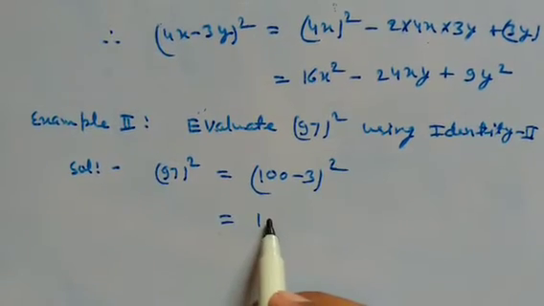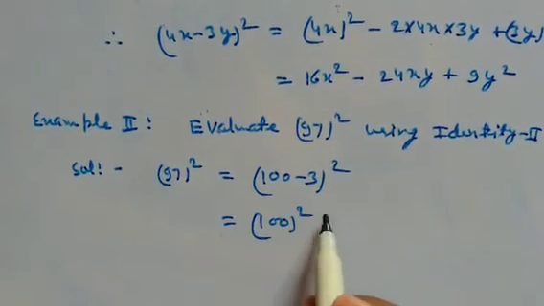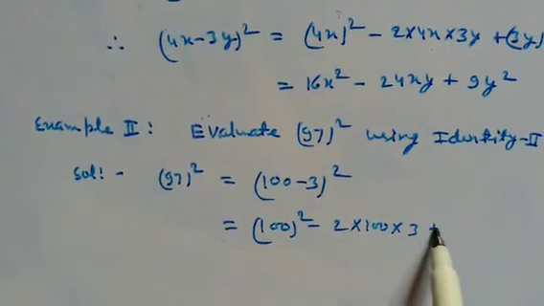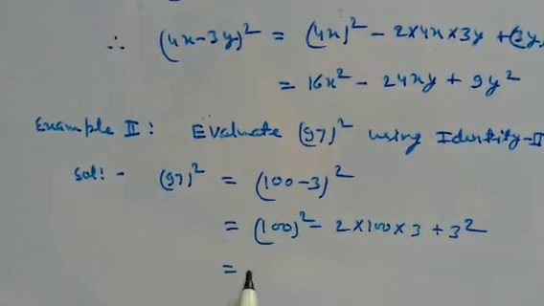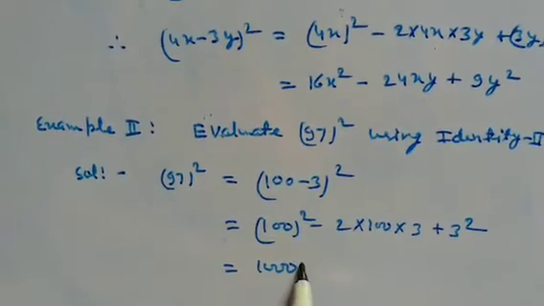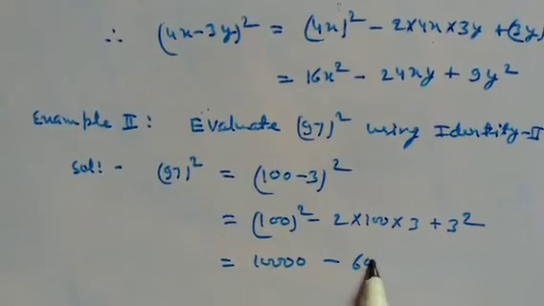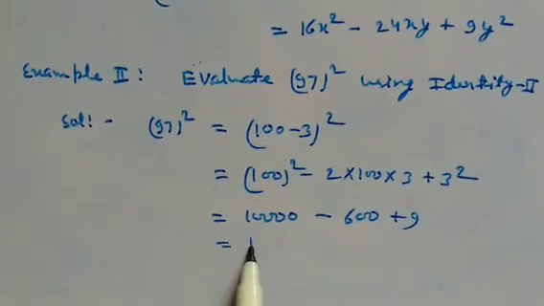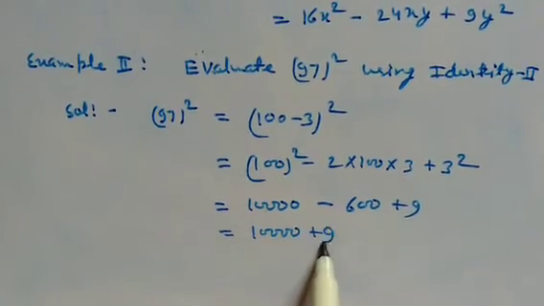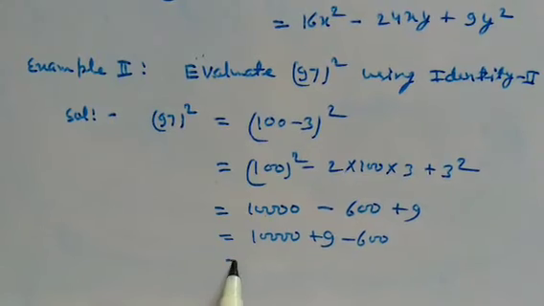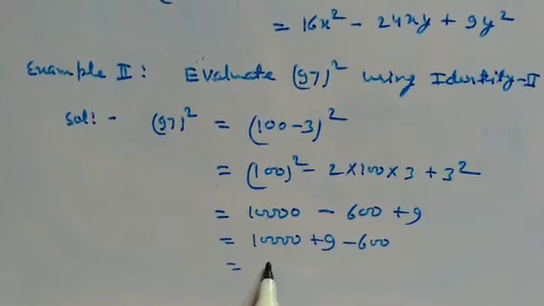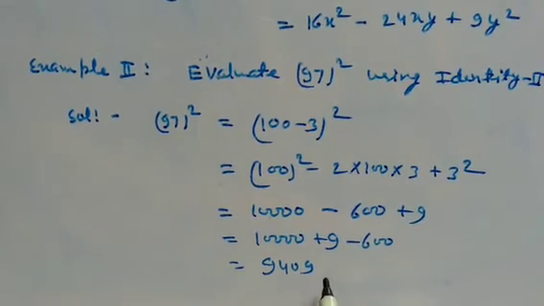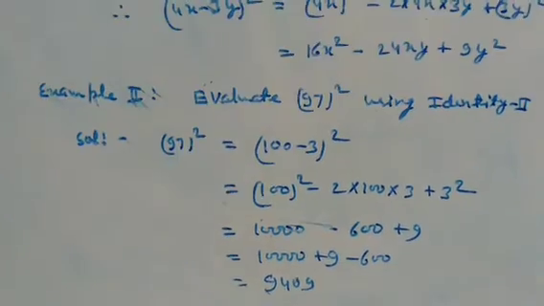So it becomes 100 square minus 2 into 100 into 3 plus 3 square equal to 10,000 minus 600 plus 9 equal to 10,000 plus 9 minus 600 equal to 9,409. This is our answer.